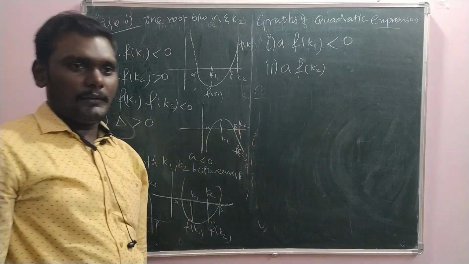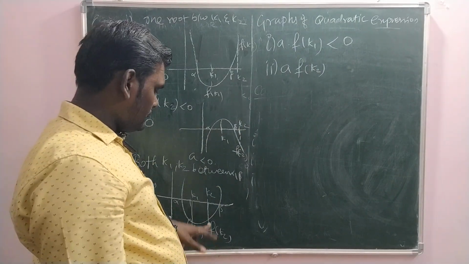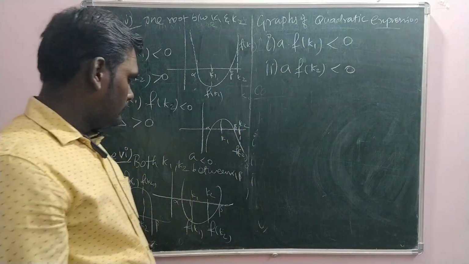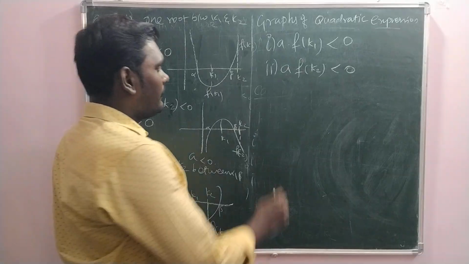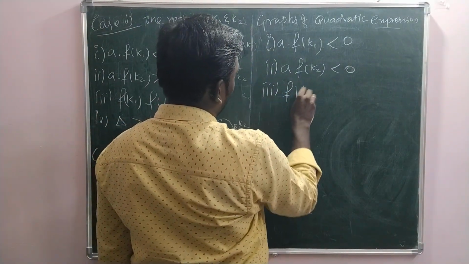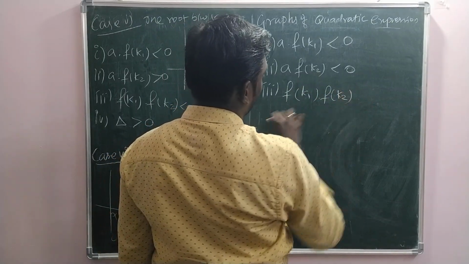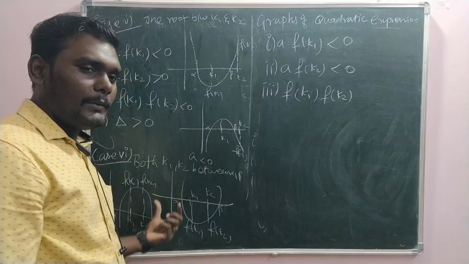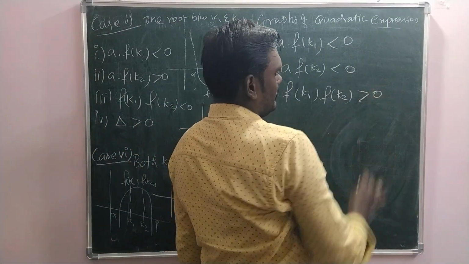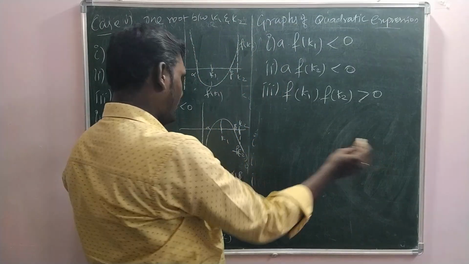Same like a into f of k2 also. A into f of k2 is also less than 0. And f of k1 into f of k2: either both are positive or both are negative, greater than 0. Then what can you say about delta?